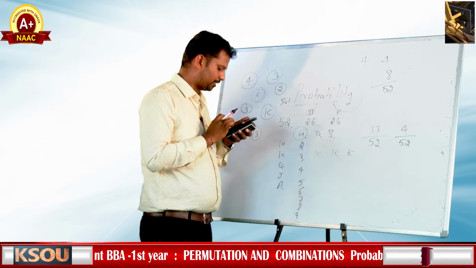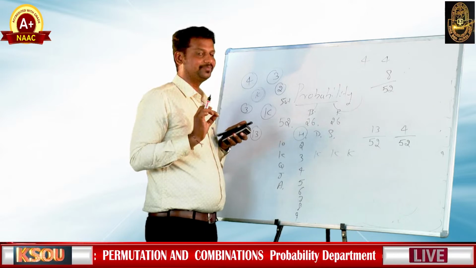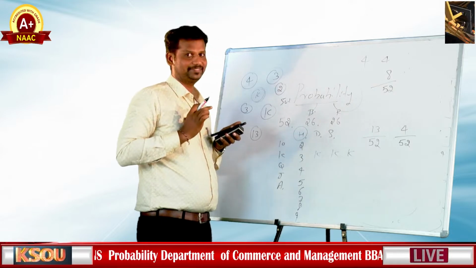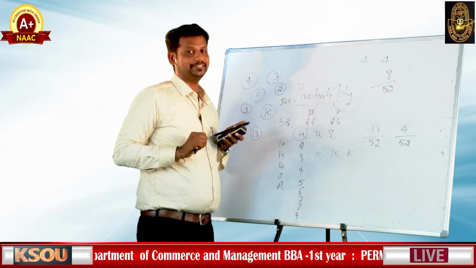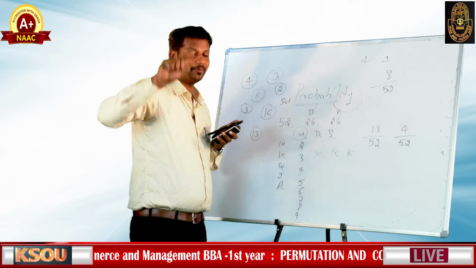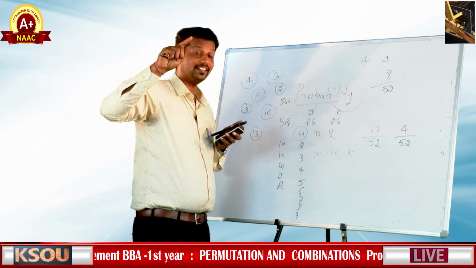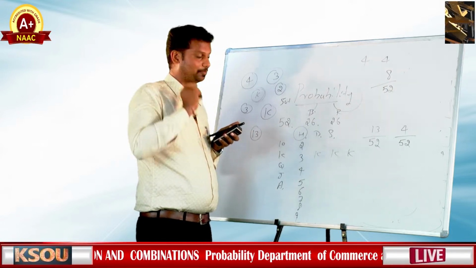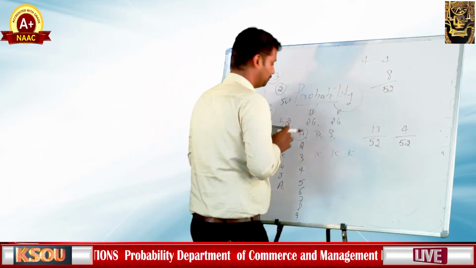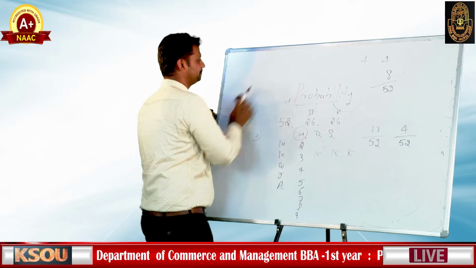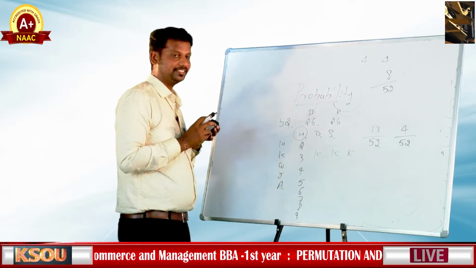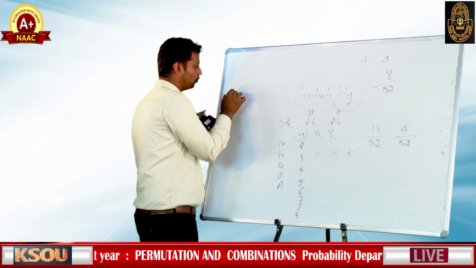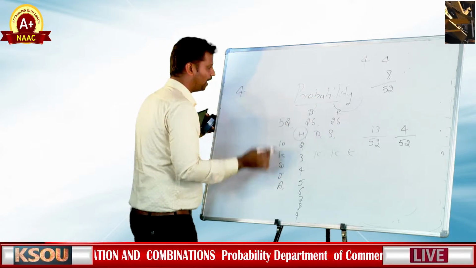Another question is, what is the probability of getting the king with heart? King with heart. There are 4 types of king. But here the question is, what is the probability of king or heart? Now this is the most important. Out of 52 cards, the question is king or heart. So according to you, 4 kings. Is it right? Then hearts will be 13.